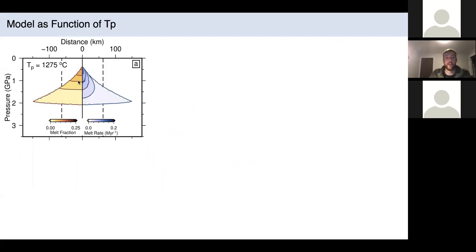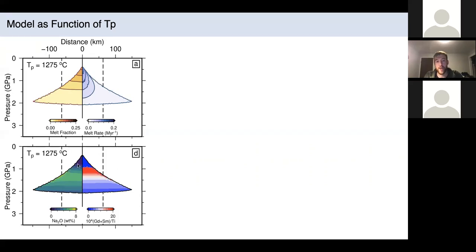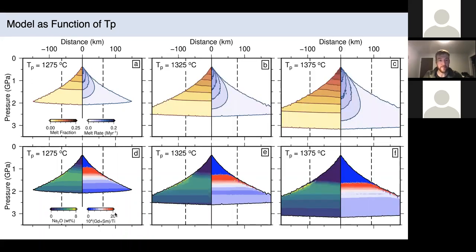So we can then take our mid-ocean ridge melting model and convert that into estimates of sodium concentration. And on the right-hand side here, I'm showing gadolinium plus samarium over titanium, which is a commonly used proxy for melt fraction within mid-ocean ridges.